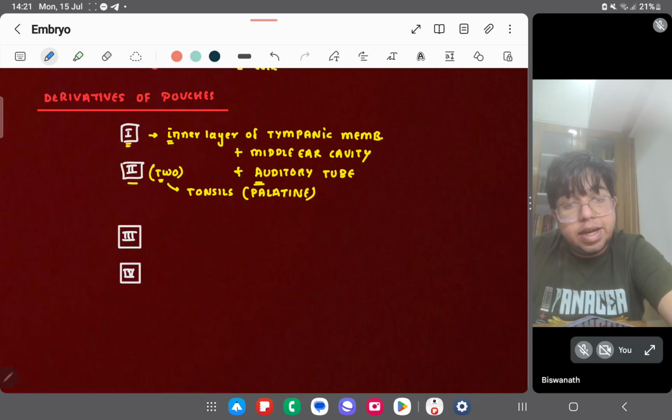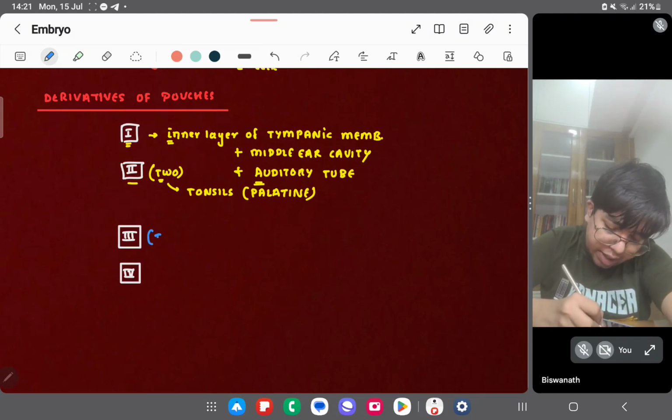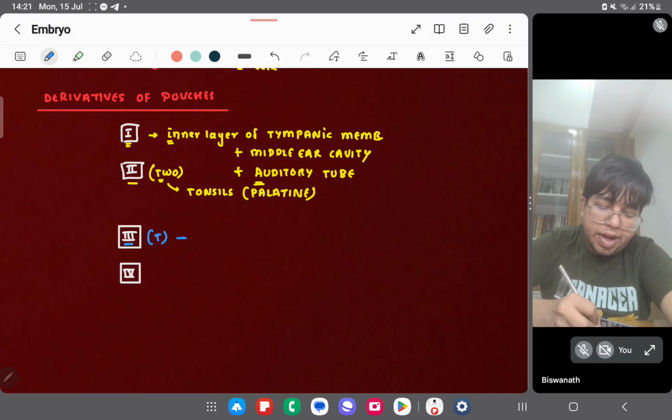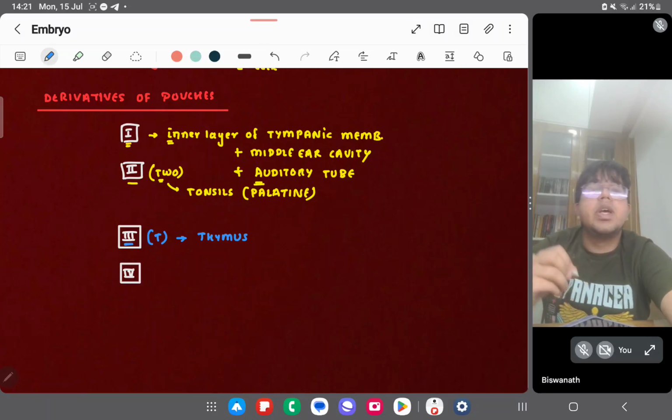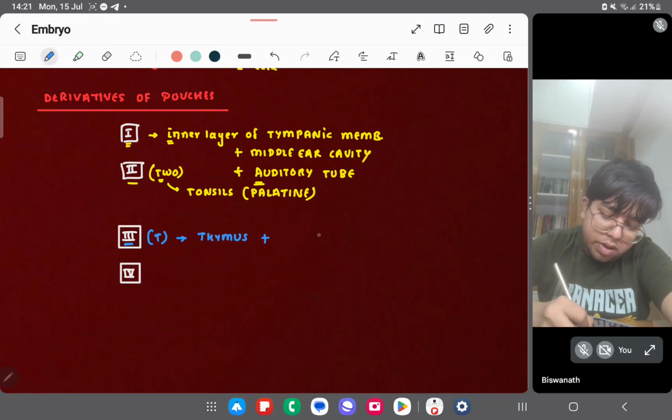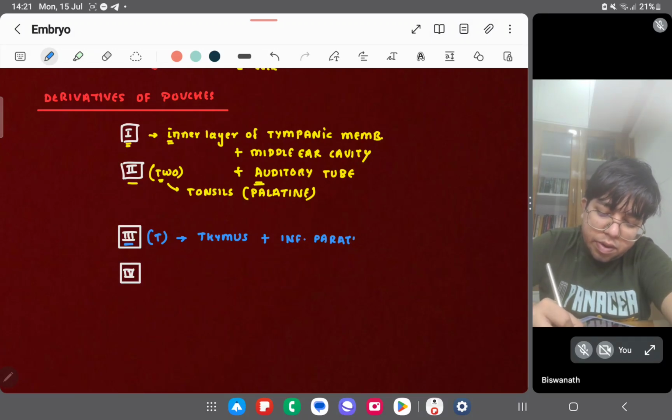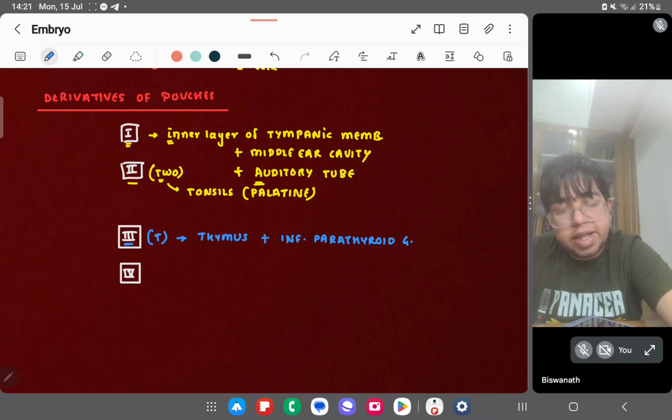Then three. Three means T. Again T. So we'll have anything starting with T. Thymus. Okay. And here remember, we have also the inferior parathyroid gland.